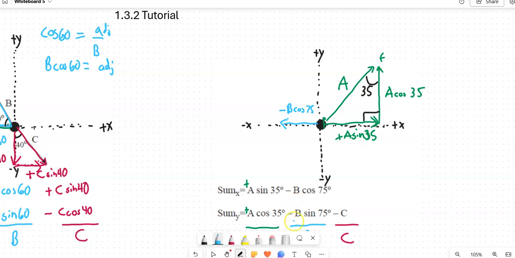And then I'm going to add to that the vertical vector, which is pointing down, and that is negative b sine of 75 degrees. Again, if you started here, you walk to the left and you walk down, you finished here, the resultant vector goes from start to finish, and that is our b vector. Okay?